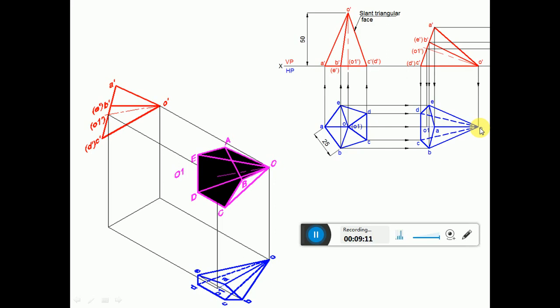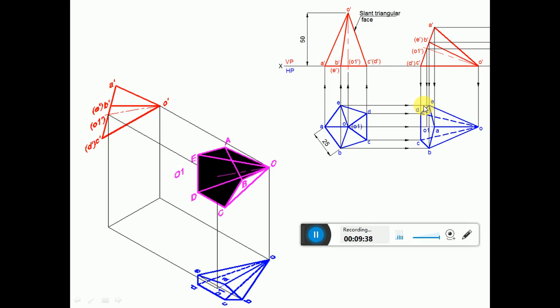Once you get all the points, join them using continuous thin lines. That means join A to B, B to C, C to D, D to E and E to A. This is going to form a pentagon. Similarly, join A to O, O to B, O to C, O to D and O to E. All these should be joined with thin continuous lines.